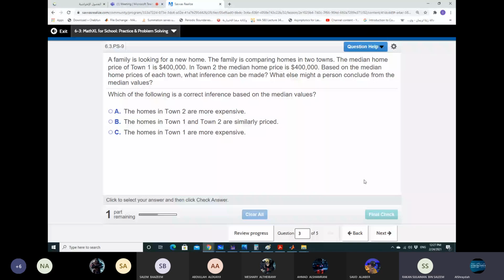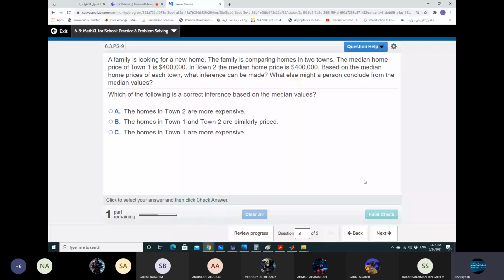Which of the following is a correct inference based on the median values? The homes in town two are more expensive, or similarly priced, or town one is more expensive? Easy. What do you think? Same, teacher. Similarly priced, I think.